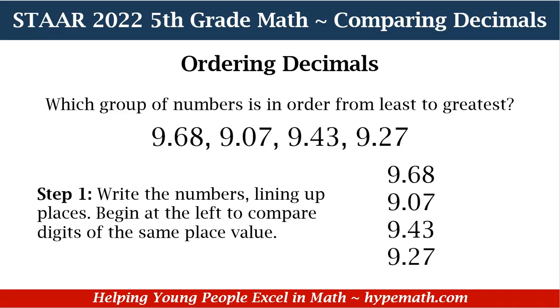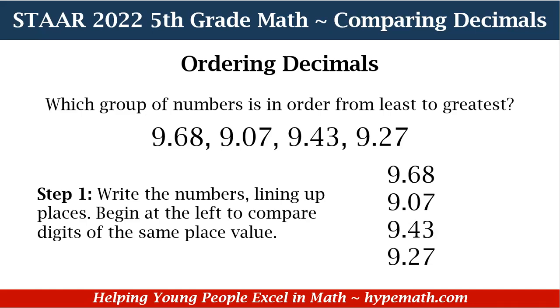So our group of numbers is 9.68, 9.07, 9.43, and 9.27. Now, let me tell you another way you can say it. You can say 9 and 68/100ths, 9 and 7/100ths, 9 and 43/100ths, 9 and 27/100ths.